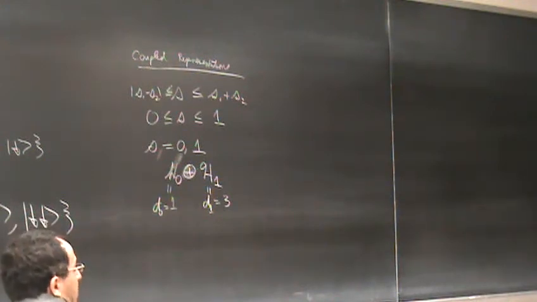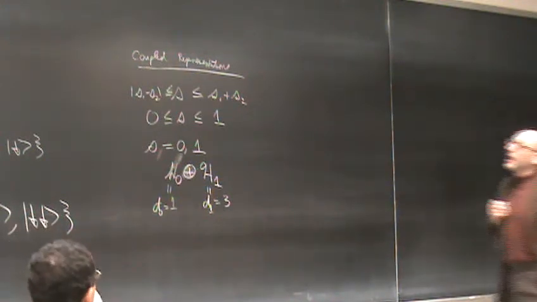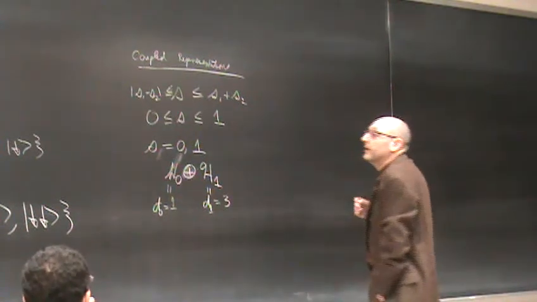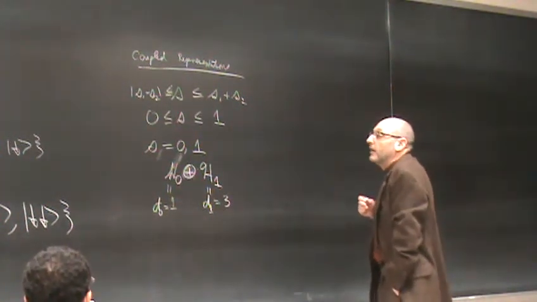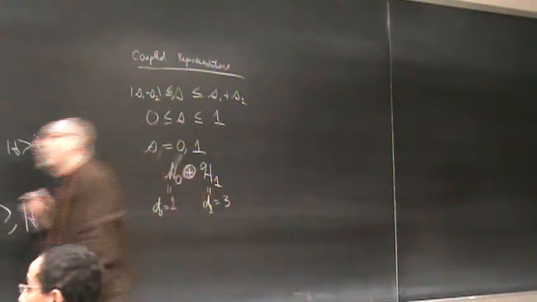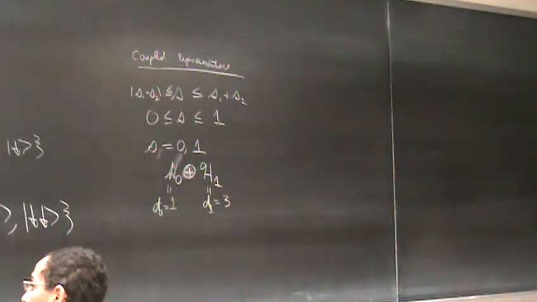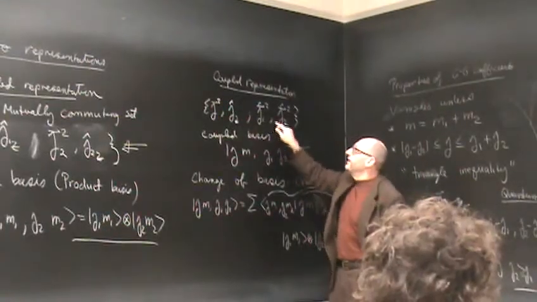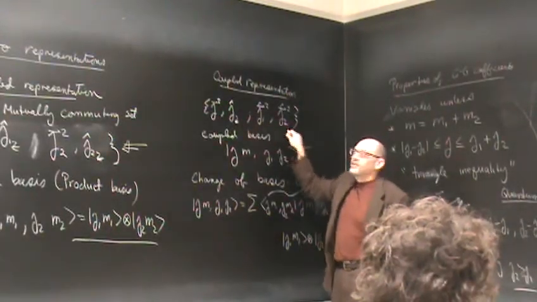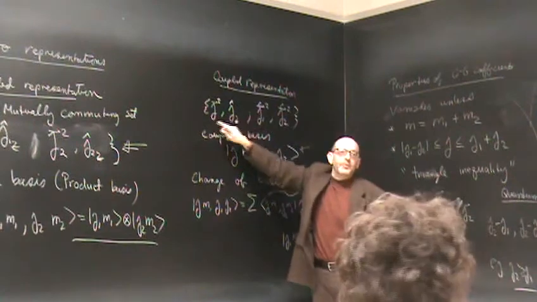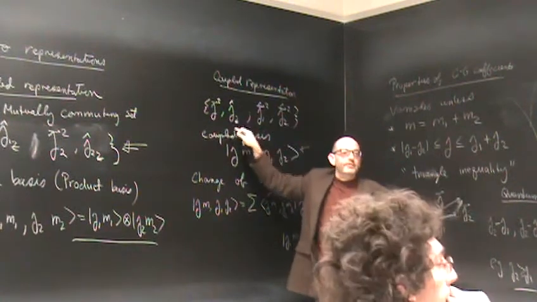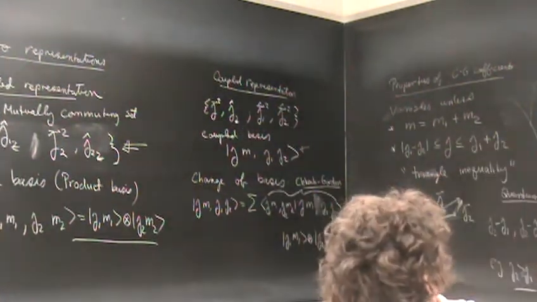Okay? So in the coupled representation, and let's go back over to this board for a moment, these are the operators, right? So now we have the total S squared and the total Sz. These are automatic, we don't have to do anything. So we have to simultaneously diagonalize these two observables.